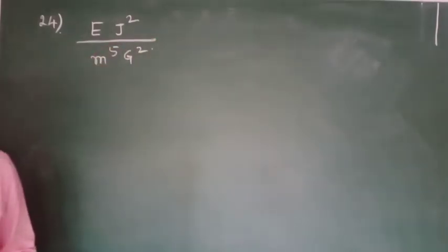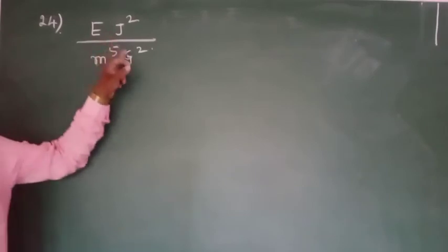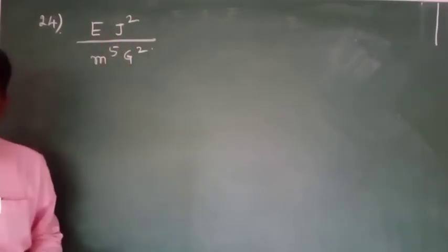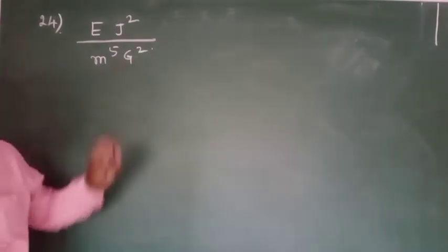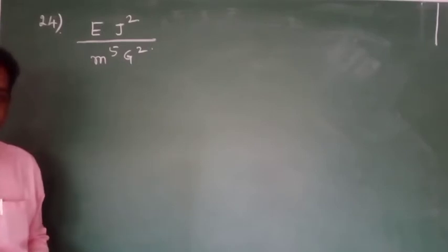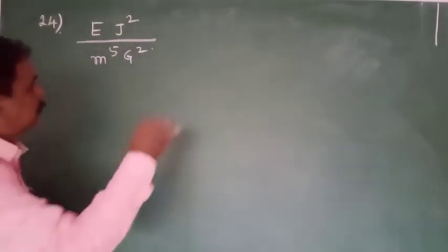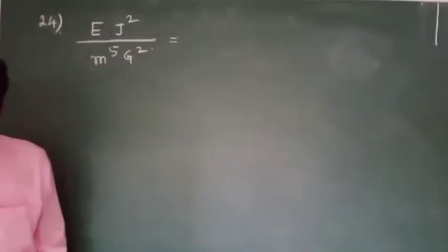They are asking. E is energy, J is angular momentum, M is mass, capital G is the universal gravitational constant. Okay? We already told you, memorize the dimensional formulas.